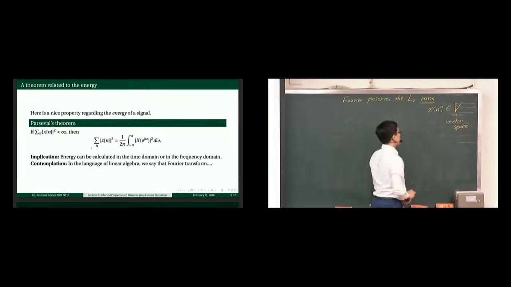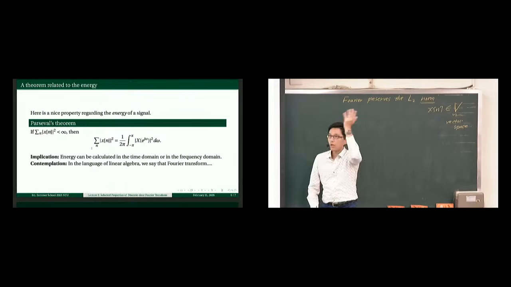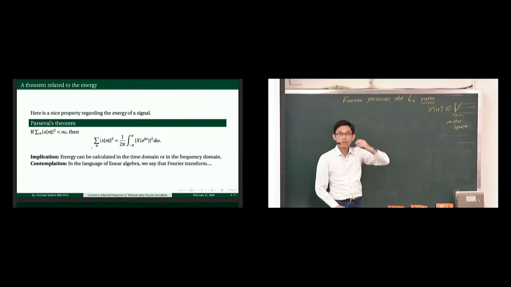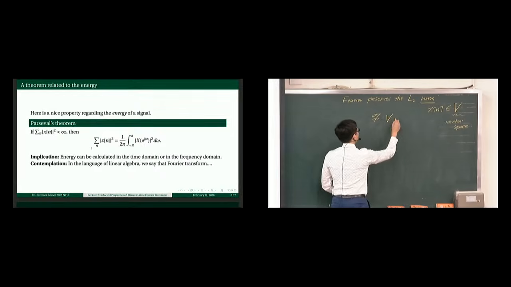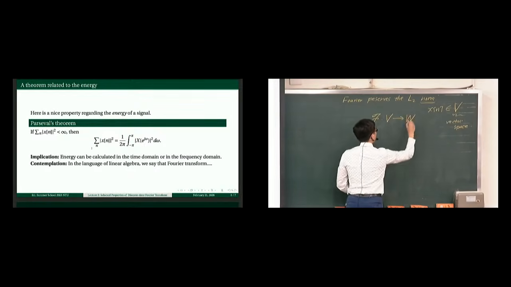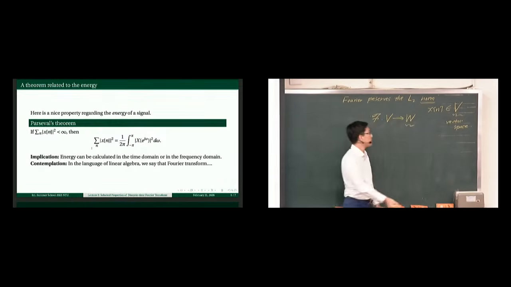So let's just take this notion that if you try to think of all the possible signals in time domain to form a vector space. So in this vector space, of course, you can define Fourier transform from your vector space to another space. Let's say V is the time domain, W is the frequency domain.